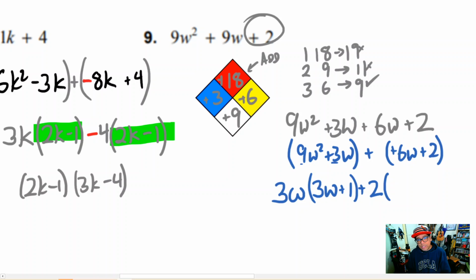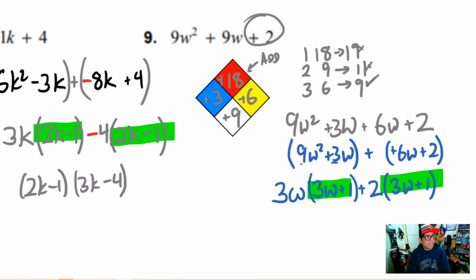This 6w divided by 2 is 3w. 2 divided by 2 is 1. We'll get the matching piece out of the way, 3w plus 1. And the other piece, now highlighted yellow, is 3w plus 2.